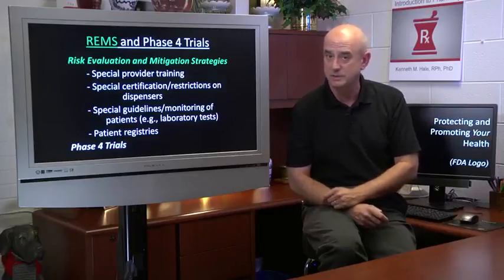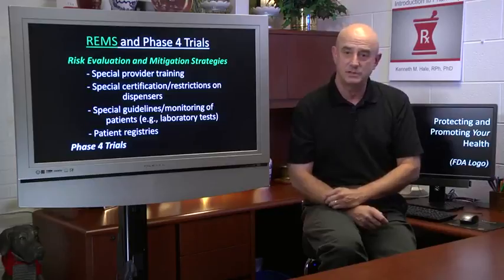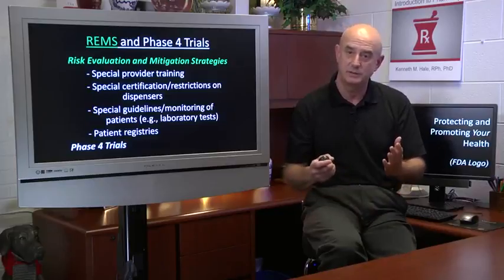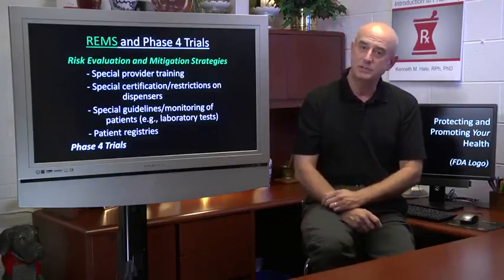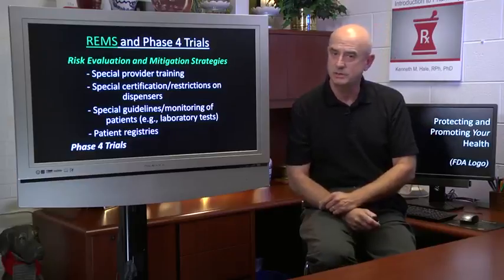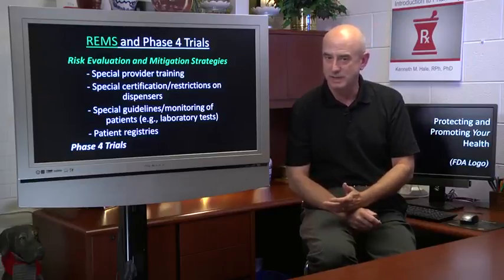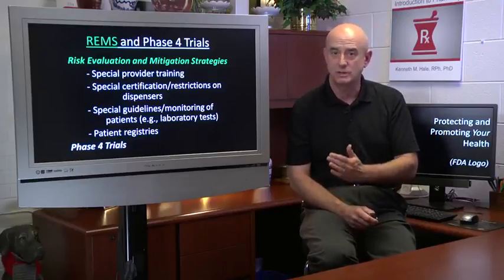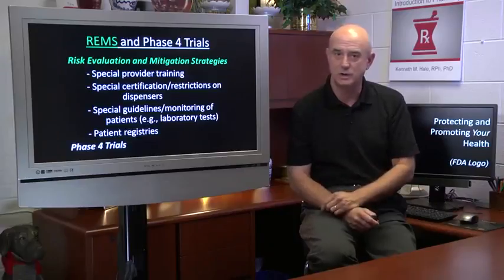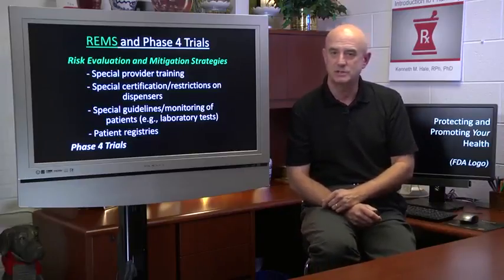If I'm going to be dispensing it, maybe I have to be specially trained or have special facilities to be able to do that. We may have special guidelines for which patients could use it, and they may require special monitoring of these patients. For example, things like special laboratory tests. And we may have patient registries so we can keep track of who's using these products. These are called REMS, or Risk Evaluation and Mitigation Strategies.